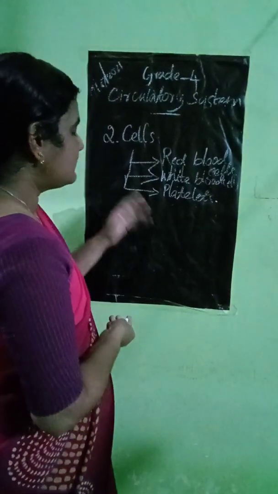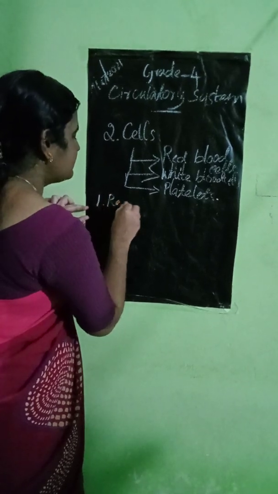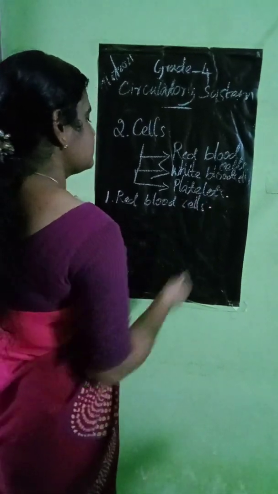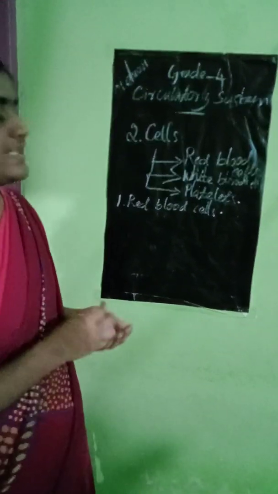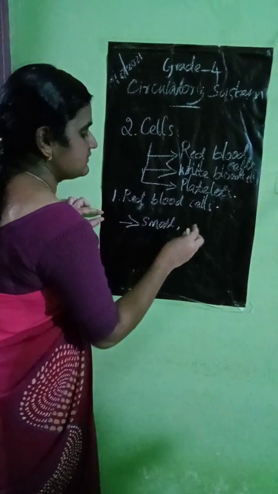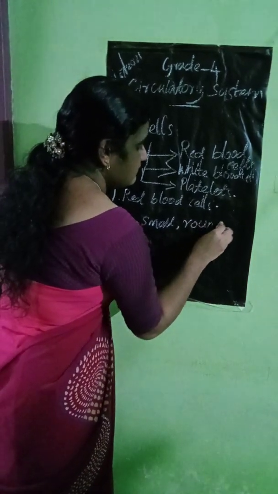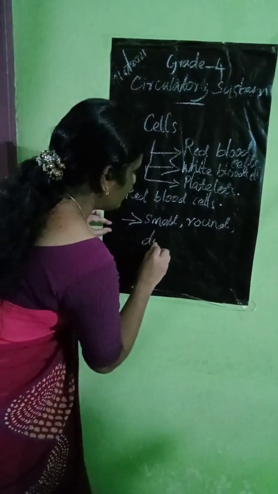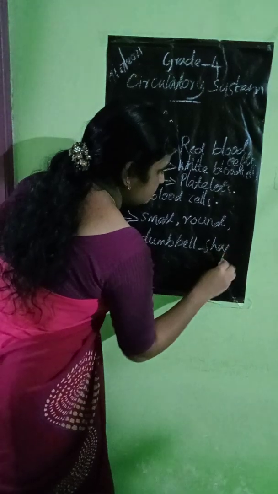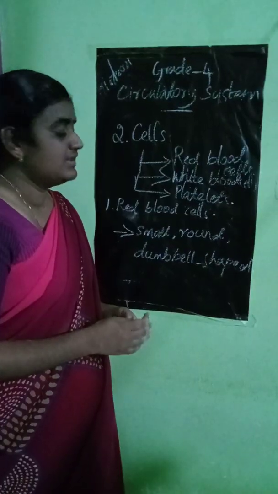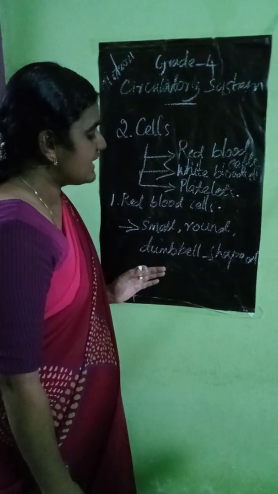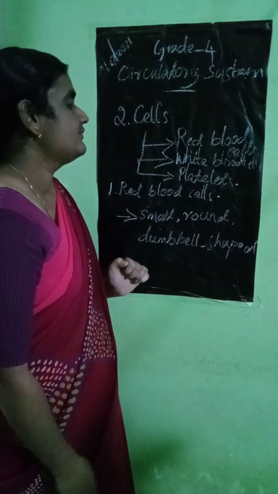Okay, so the first one is red blood cells. These red blood cells are small, round, and dumbbell shaped.